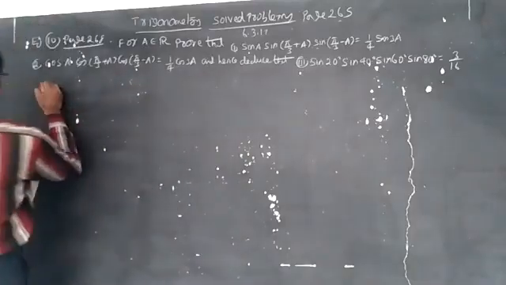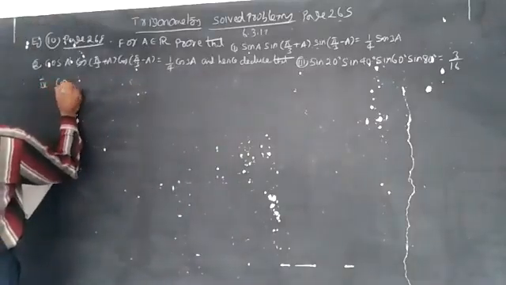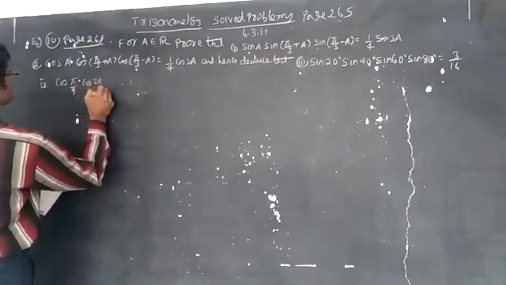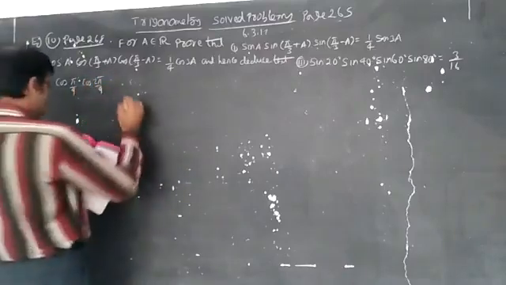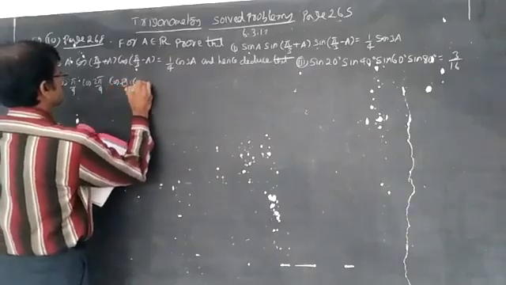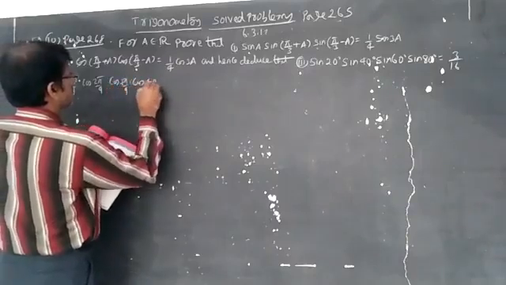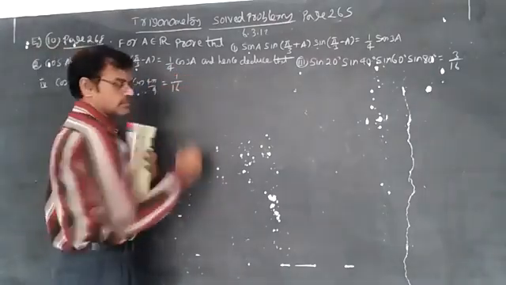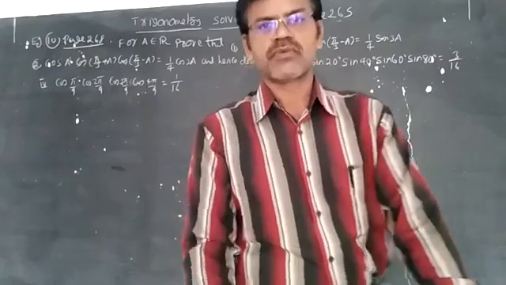And fourth question, cos pi by 9, cos 2 pi by 9, cos 3 pi by 9, cos 4 pi by 9 is equal to 1 by 16. This is a basic formula of objective.